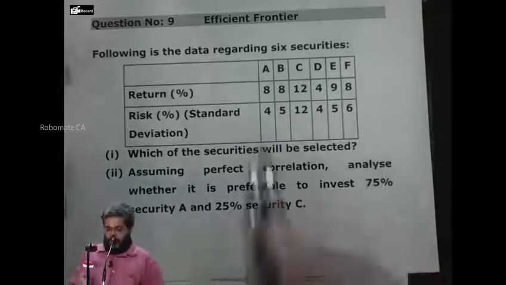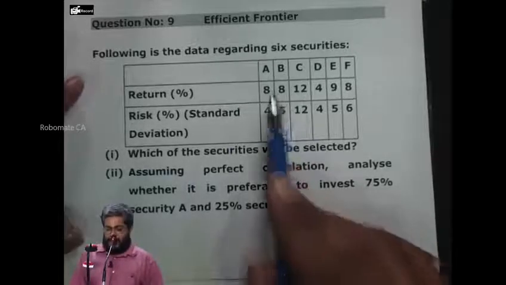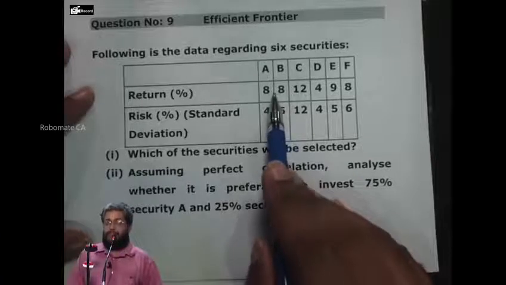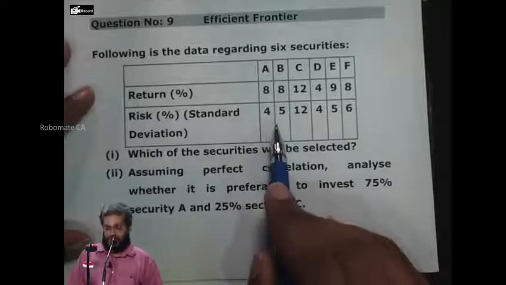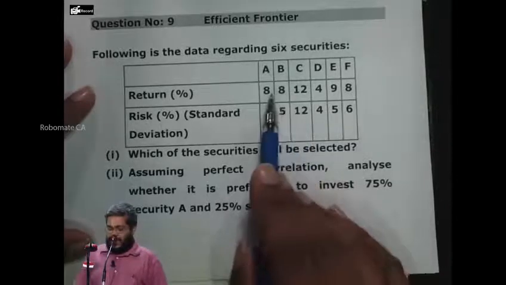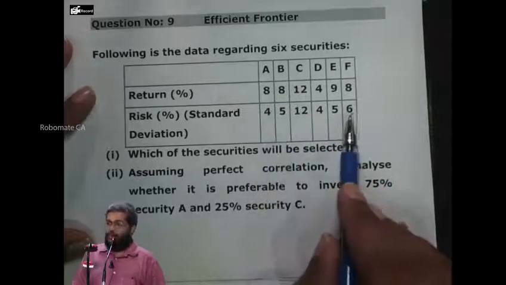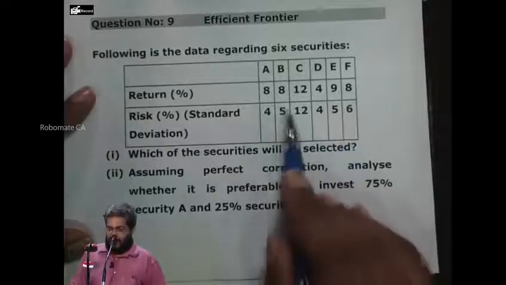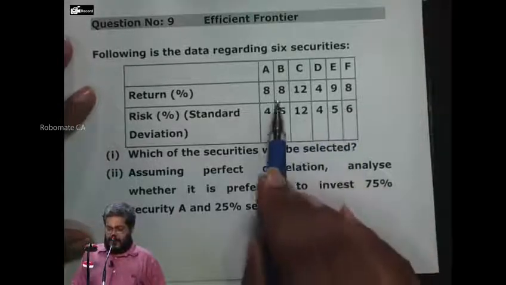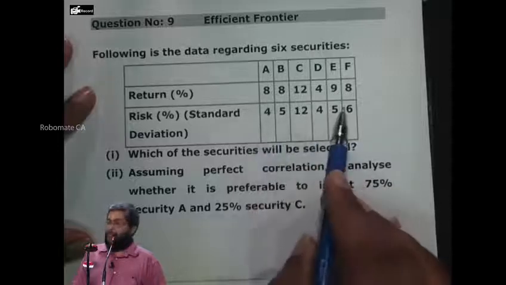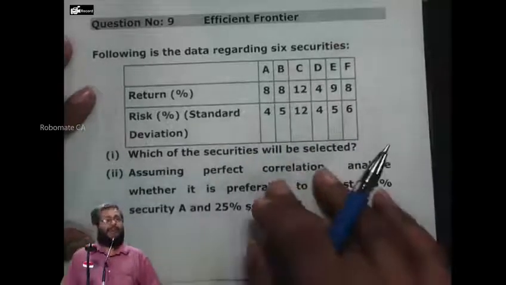Accepted? Now, look at this and tell me, security A is giving how much return? 8%. And how much risk? 4%. Is there any other security giving more return for the same 4% risk? No. Is there any other security giving the same return for a lower risk? No. A is efficient.